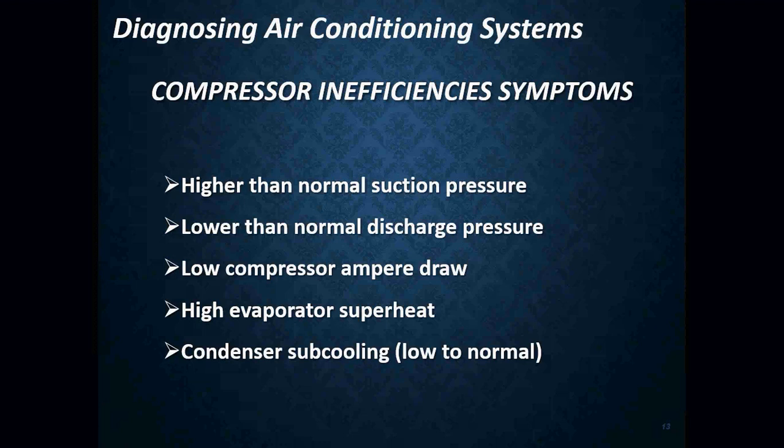Now, the evaporator may not be able to handle the load due to your decreased refrigerant flow, okay, which can be either an overcharge, maybe an undercharge. The conditioned space temperature will start to rise if we have a compressor that is running inefficiently. The rise in return air temperature will overload the evaporator, causing high suction pressure and higher than normal superheat.